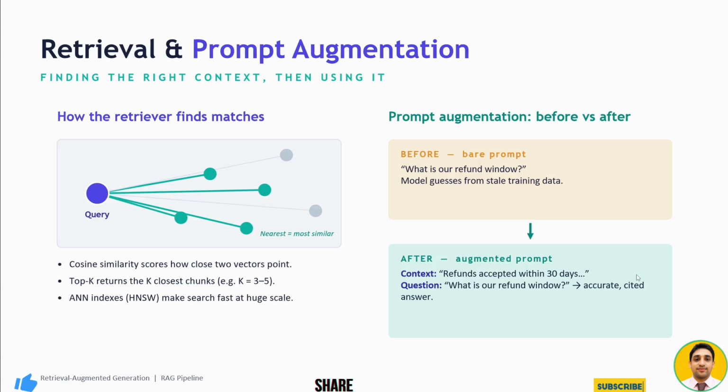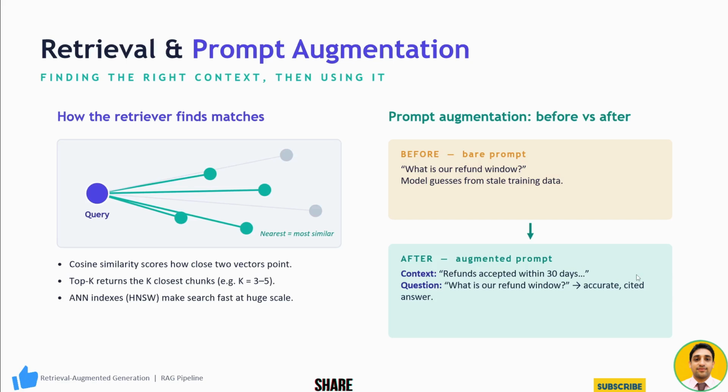To make this searching process fast even when dealing with enormous datasets, systems rely on something called ANN indexes, or approximate nearest neighbor indexes, with HNSW being one of the most common techniques used to keep search speeds practical even at huge scale.